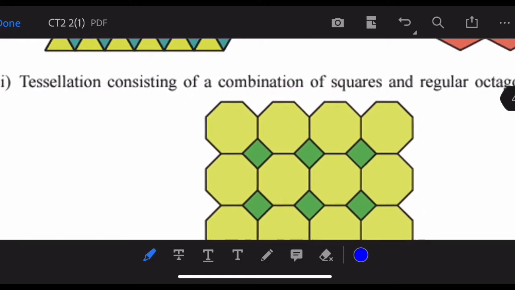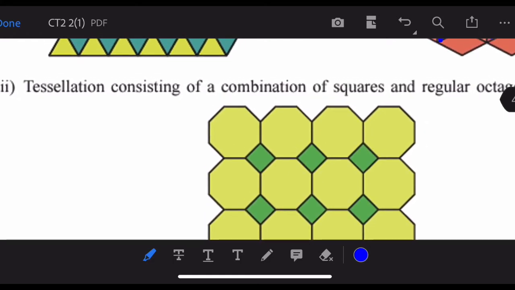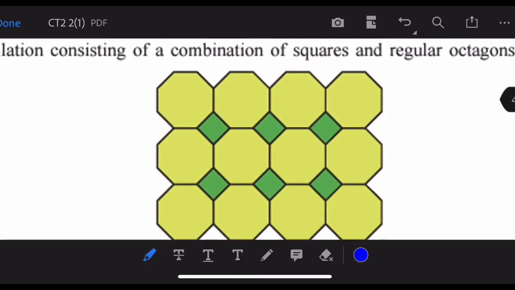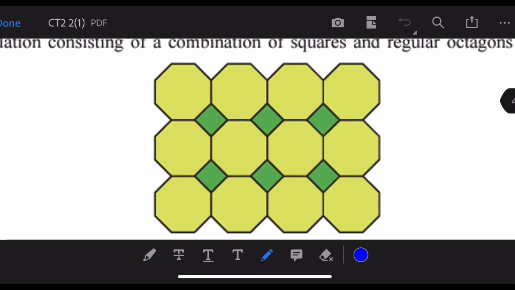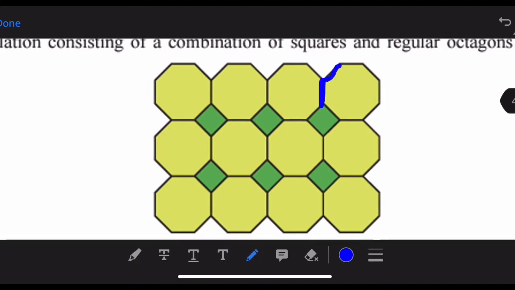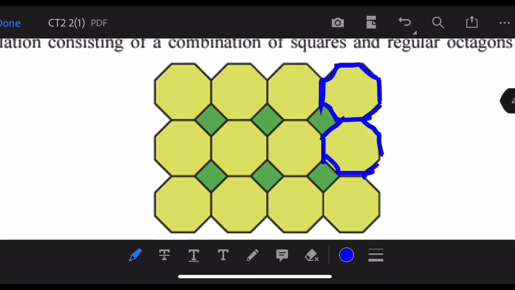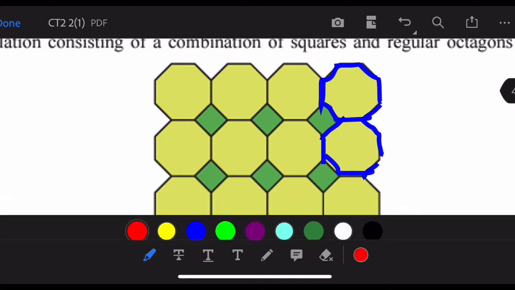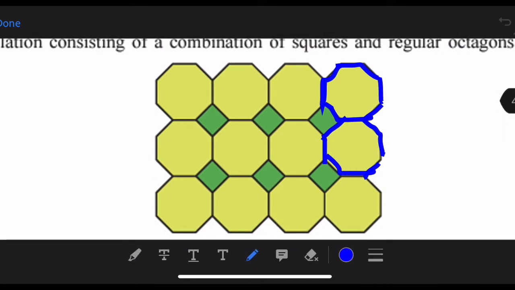A tessellation consisting of a combination of squares and regular octagons. You can see the regular octagon is repeating non-stop. So this is another example of tessellation. And also you can see there is a small square here, repeating.